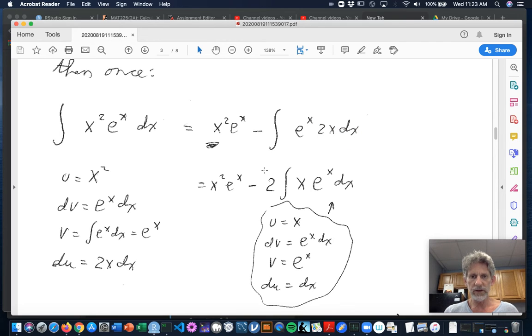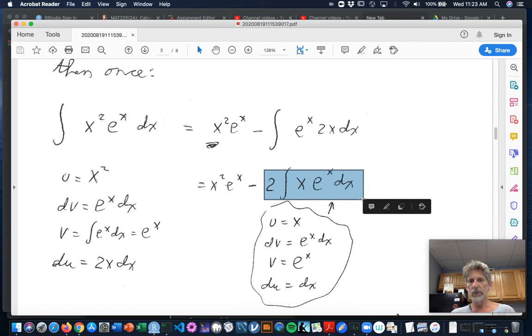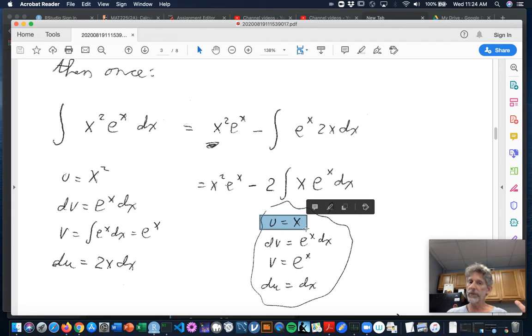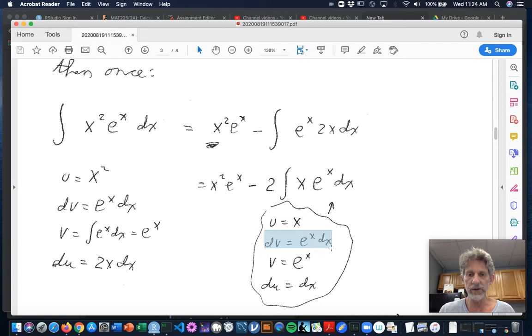And I pulled a constant out, and I kind of stare at this new problem that I've got. And that's still hard. I can't immediately think of an antiderivative for that. But it's a product, and my thought might be to do integration by parts again, but this time I'm going to let u be the x and the dv be everything else.